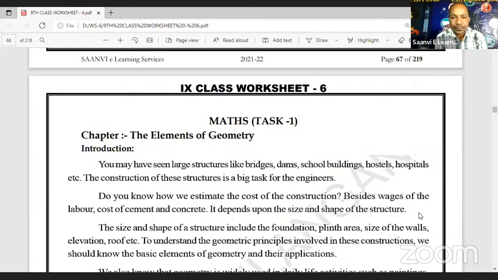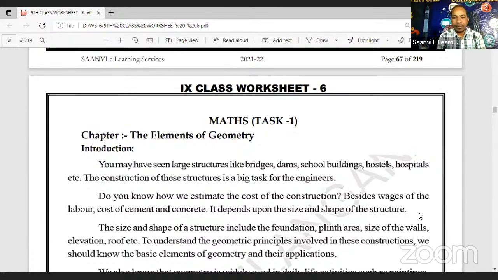Okay, just wait. So this is what is given in the introduction part. You may have seen large structures like bridges, dams, school buildings, hostels, hospitals, etc. Is construction a small task for engineers? No, not at all. It is absolutely a big task for engineers. Why? Because they should plan properly, and according to that plan, we have to construct the building.